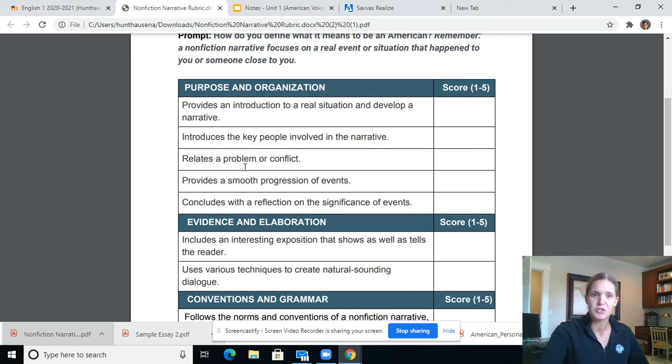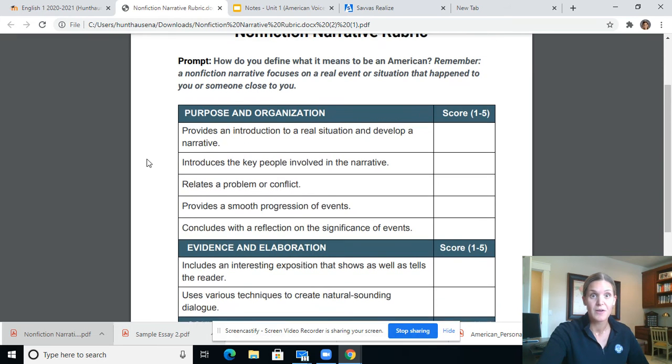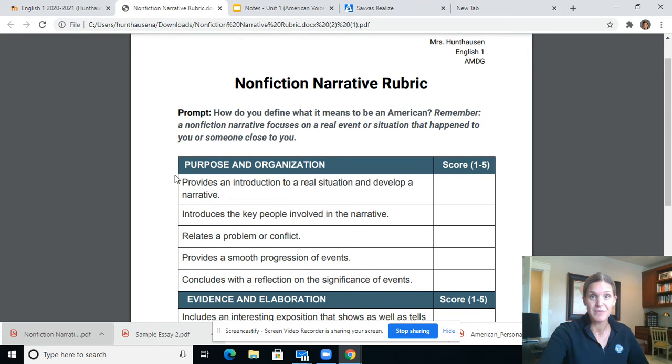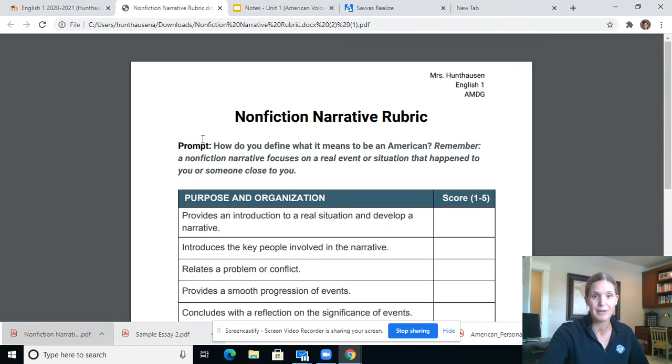The progression of events should be smooth, and you should conclude with a reflection on the significance of the events, where you return to the question, how do you define what it means to be an American? In your evidence and elaboration, I'm looking for interesting exposition that shows and tells the reader, and I'm looking for dialogue. I want you to include dialogue. And then, of course, always proper conventions in grammar, including MLA format.